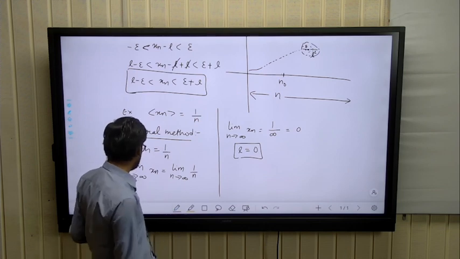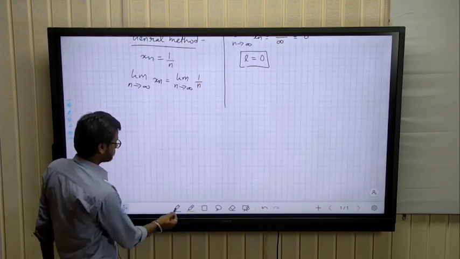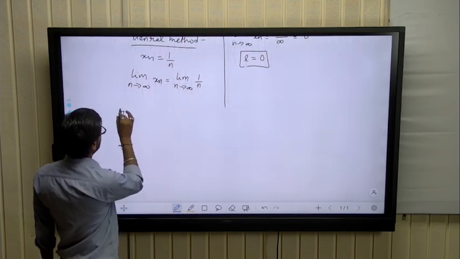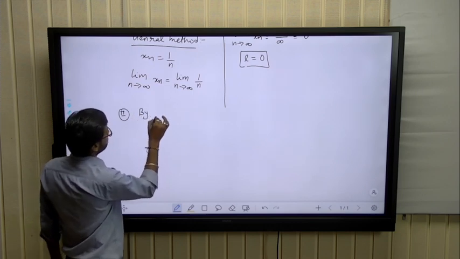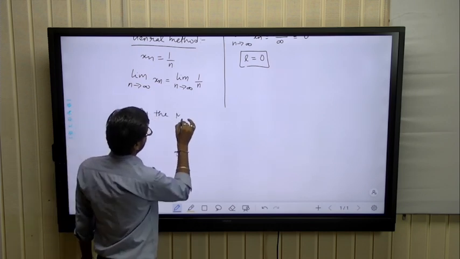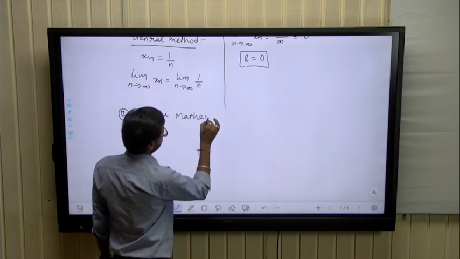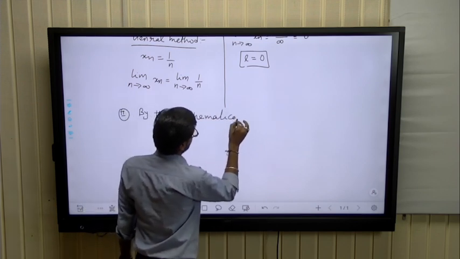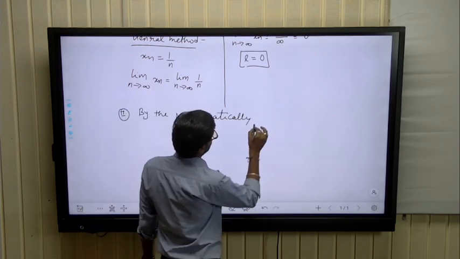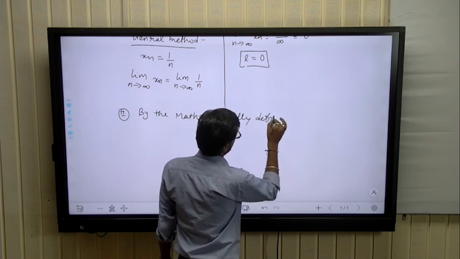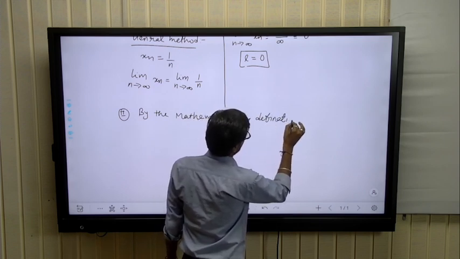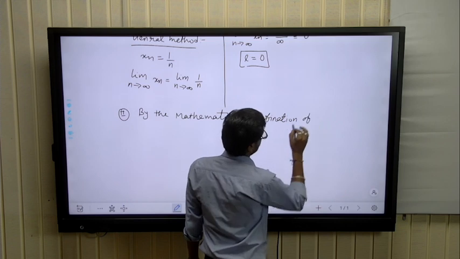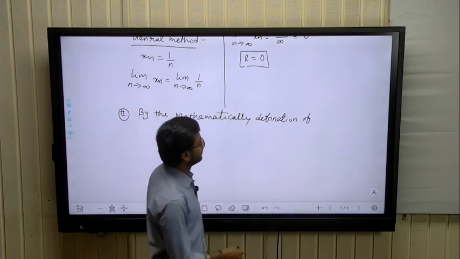Okay. Now the second method of finding the limit is by the mathematical definition of limit.